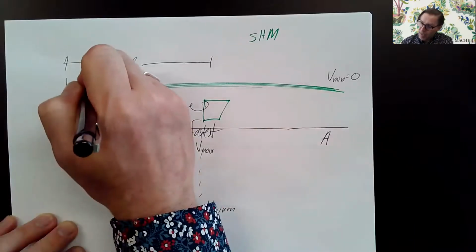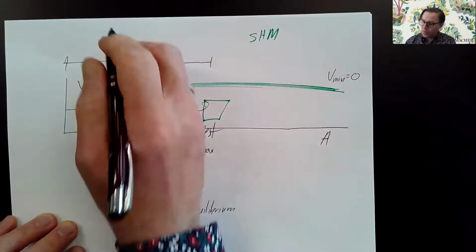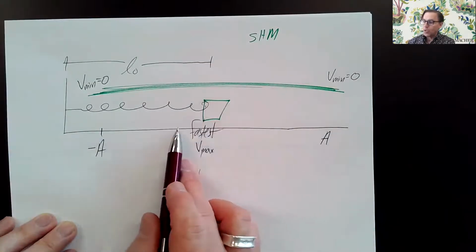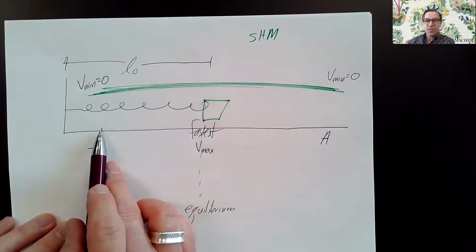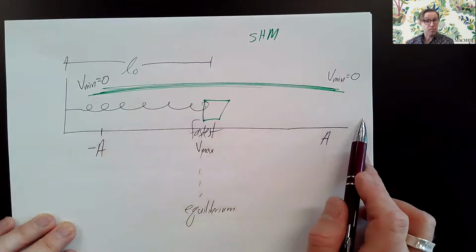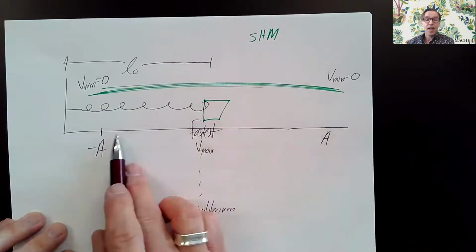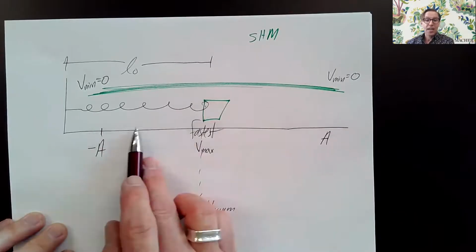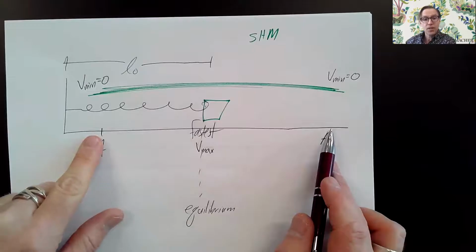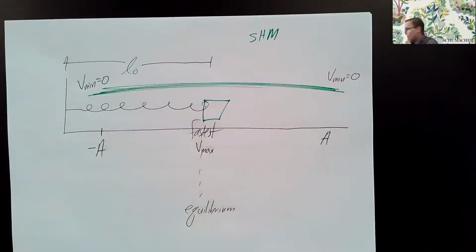I also am at that speed V minimum, which equals 0 here. Speed of 0, faster, faster, fastest, slower, slower, stops. Make sense? So my velocity has a location where it's going the fastest and 2 locations where it's going the slowest.